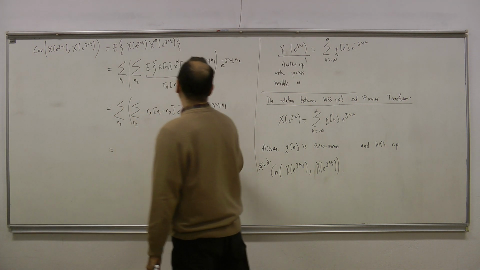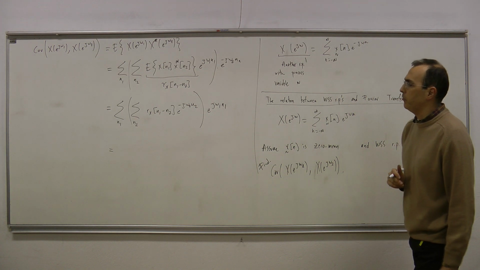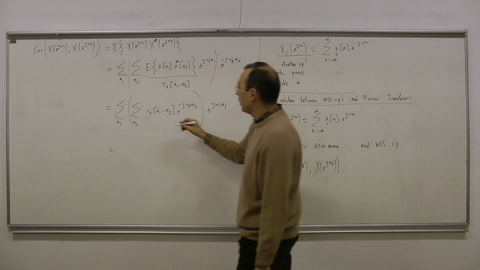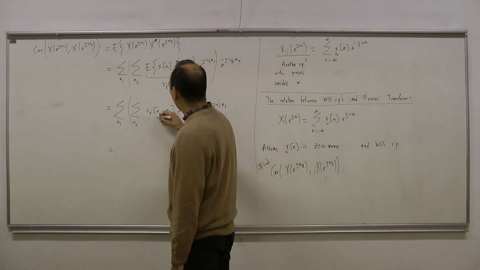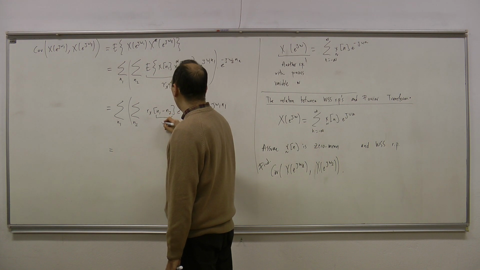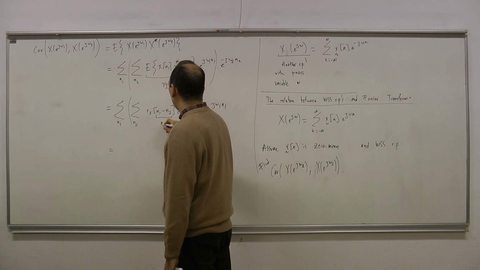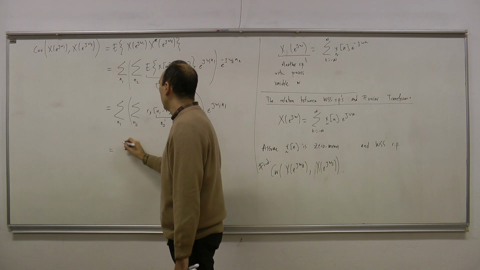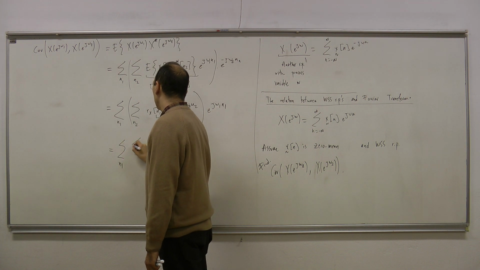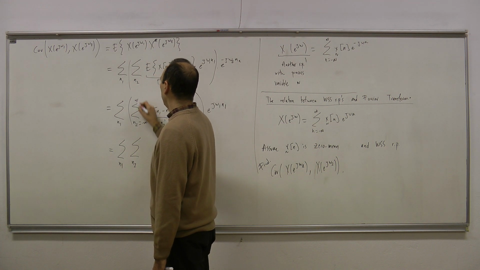Then let me do it this way. I think this time it will be fine, hopefully. Now, if I change this variable, if I call this dummy variable, let's say n2 prime, then n1. These are all minus infinity to infinity.